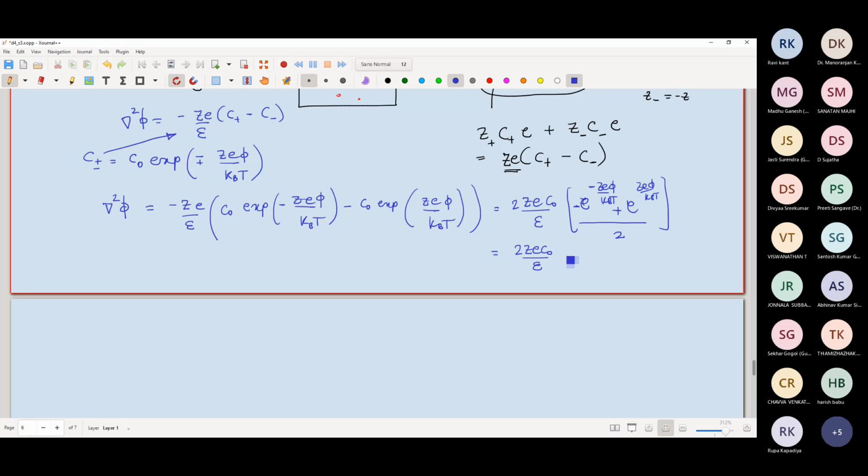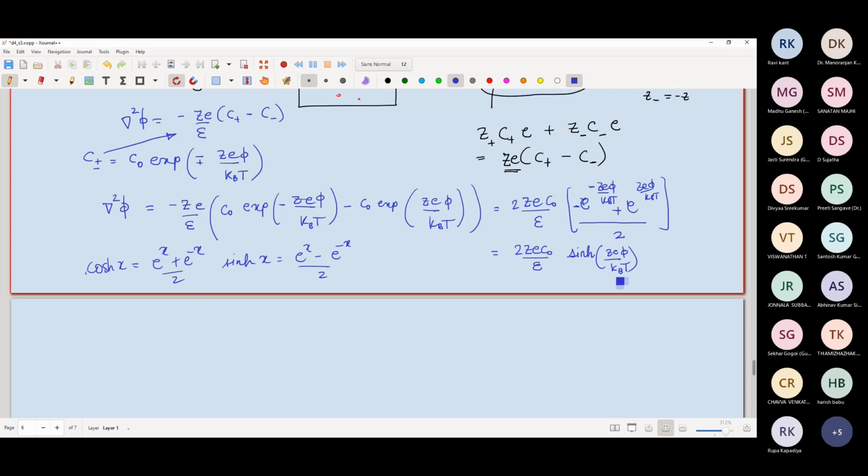Yes, so what hyperbolic? It is the sinh of Ze phi over kBT, because cosh x in general is e to the power x plus e to the power minus x over 2, and sinh of x is e to the power x minus e to the power minus x over 2. These are the two hyperbolic functions. There are more hyperbolic functions, but these two everyone should know.